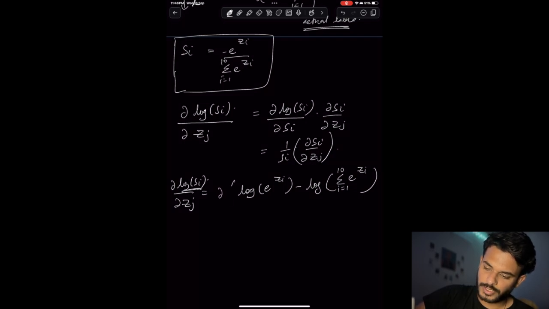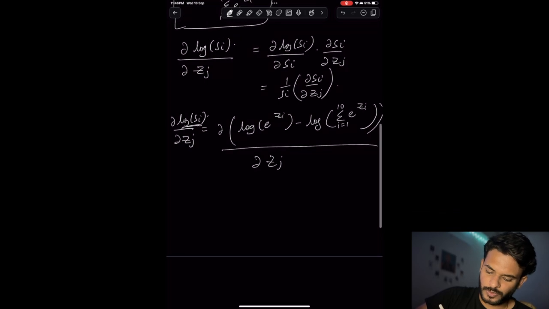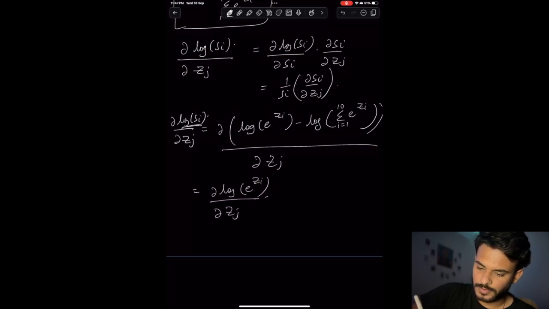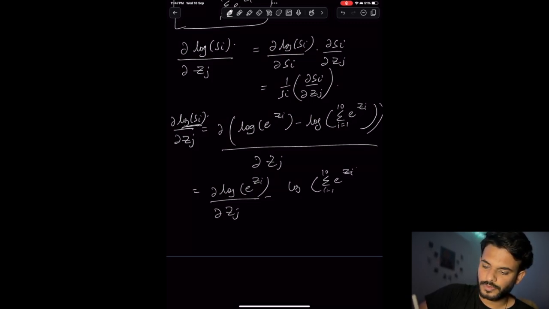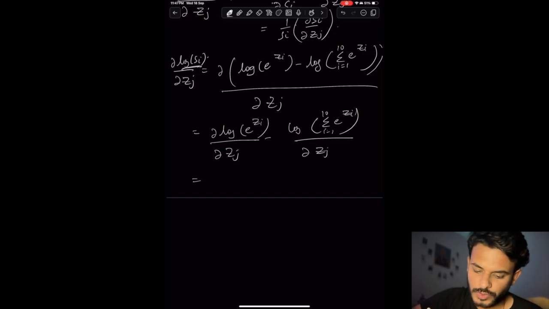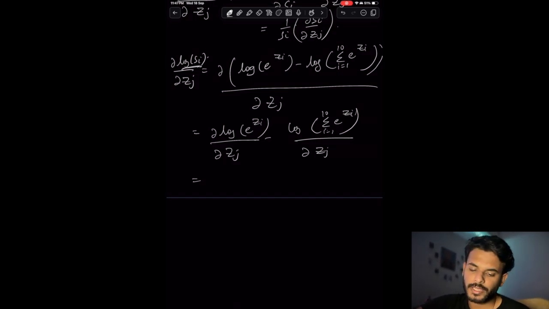Now we have to calculate the derivative of this with respect to zj. We can separate it out, so it becomes del of log of e raised power zi with respect to del of zj, minus del of log of summation i equals 1 till 10 e raised power zi with respect to del of zj.